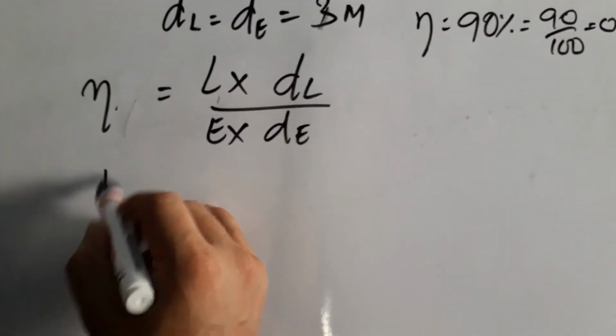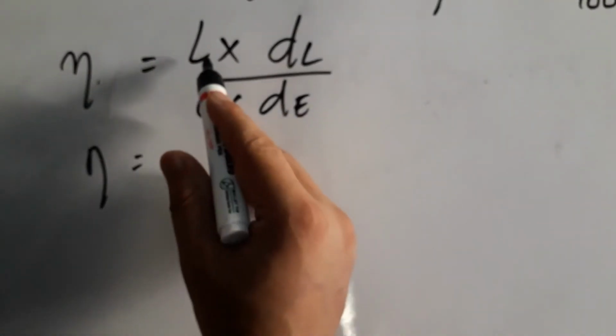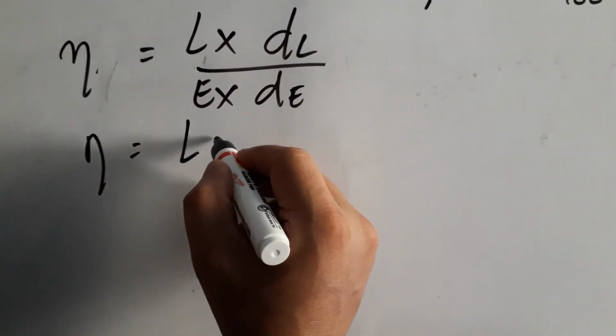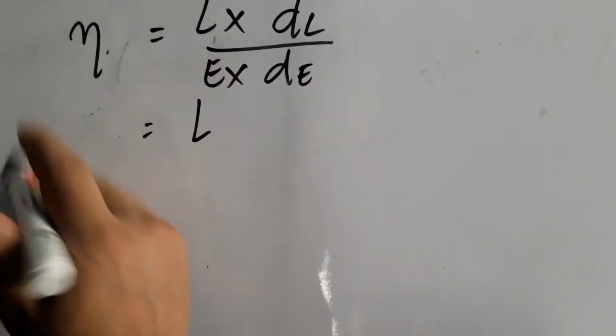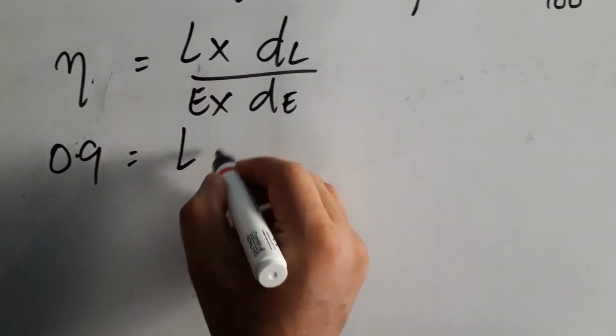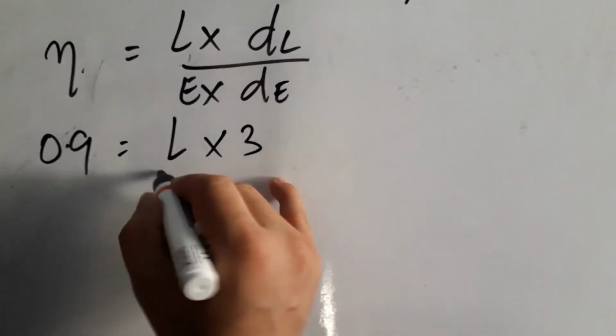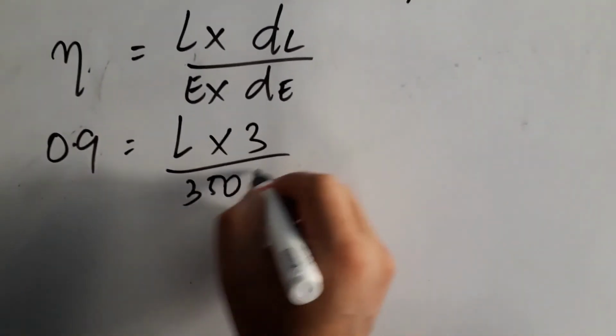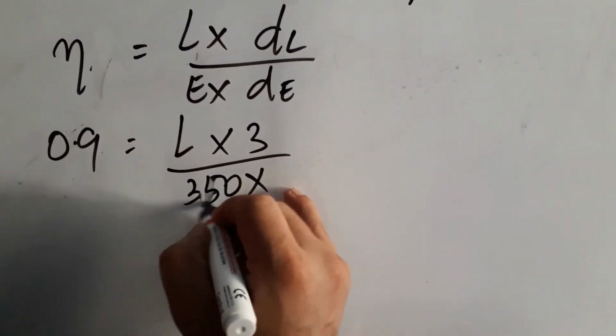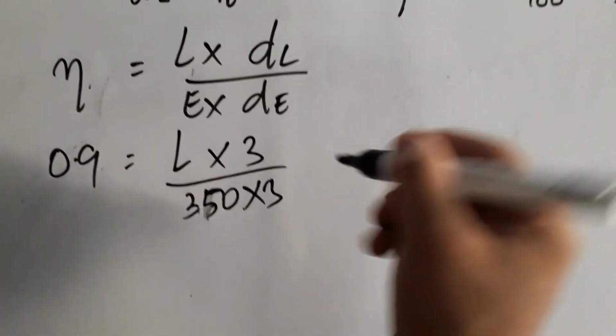Now replacing the values, load is not given, so we keep it as it is, L. Efficiency we have got 0.9, distance moved by load is 3, effort is 350, and distance moved by effort is also 3.